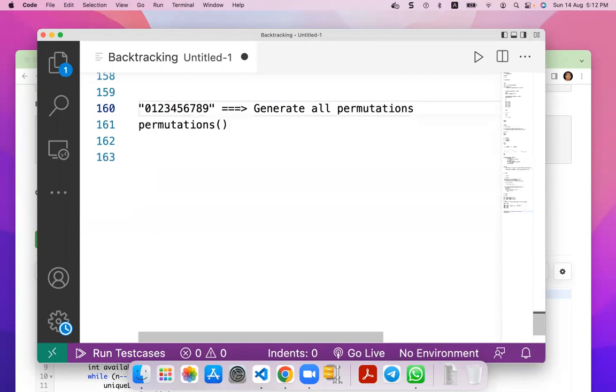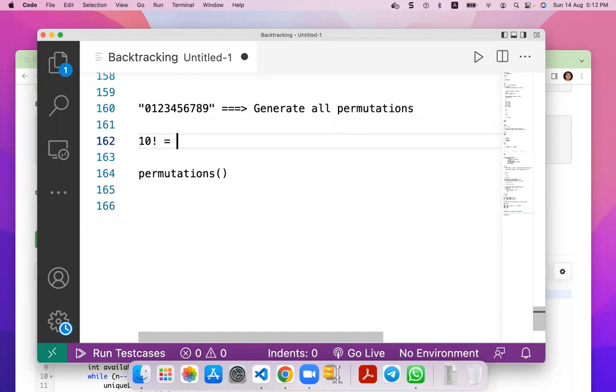Now the question is, how many permutations will this lead to? For a 10 size array, how many permutations will we have? 10 factorial. And how much is that actually?